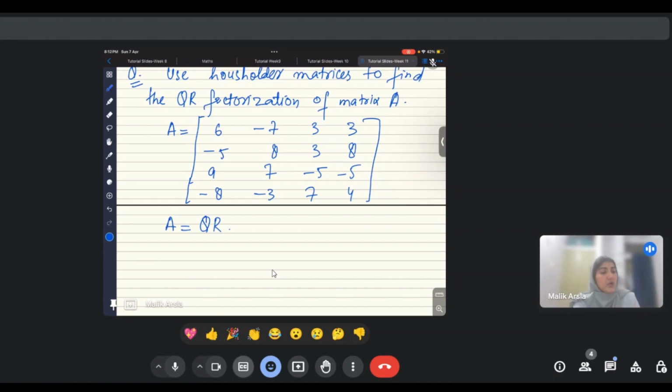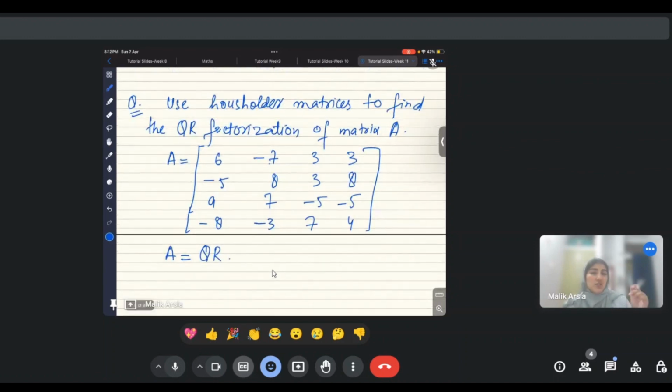Here also in A, let's say all the columns of A are different vectors, column 1, column 2, column 3, column 4, then we form the H1 matrix corresponding to each of them. Now this procedure gets lengthy on paper. I'll show you on MATLAB. That way I think you will understand better. Is it fine?